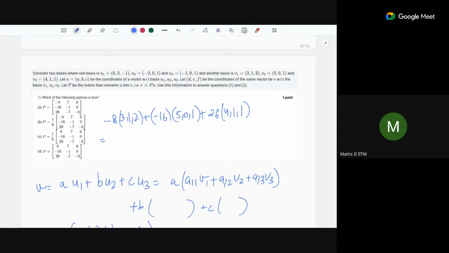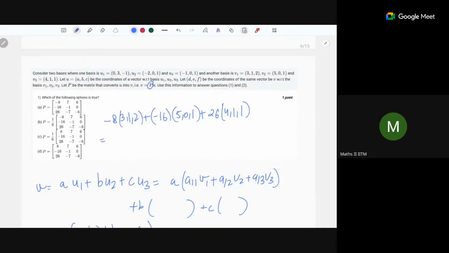Now P is a change of basis matrix, so it takes coordinates with respect to u and gives you the coordinates with respect to v. Which of the following options represents the matrix P correctly?